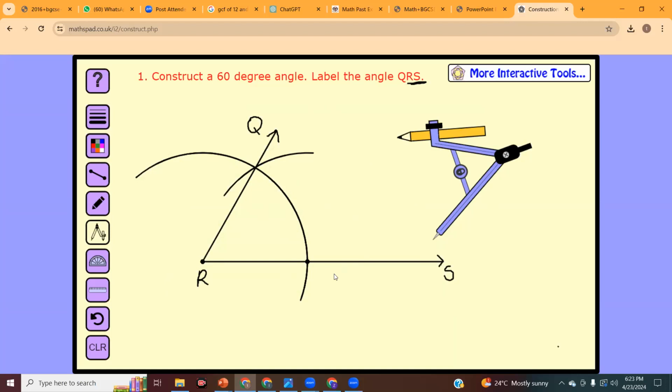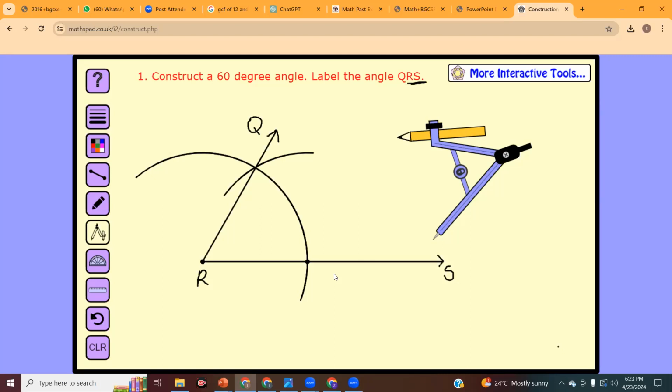Yes, sir. So you want to first start off by drawing a ray of any length. Then you would grab your compass and put it to a good size on the ray, and create an arc to intersect with the line.